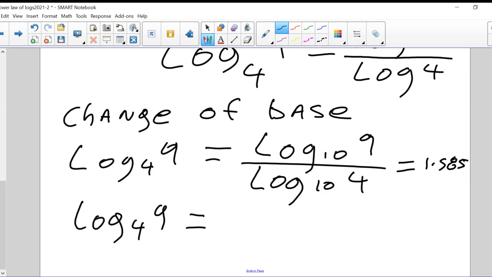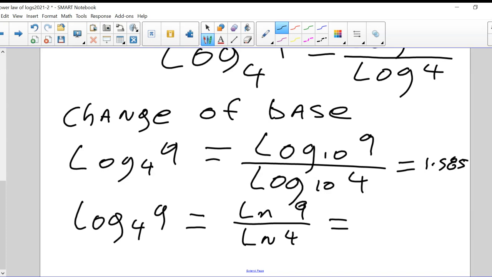Thank you, by the way, Travis and Harish and Emily and Jeremy, all of you who have come to the 1.585. I just took Isaac's answer, he gave me 3 decimal places. That's okay. Now try the ln key this time, of 9 over the ln, the natural log, that's the way they refer to it, of 4. What answer are you getting this time?